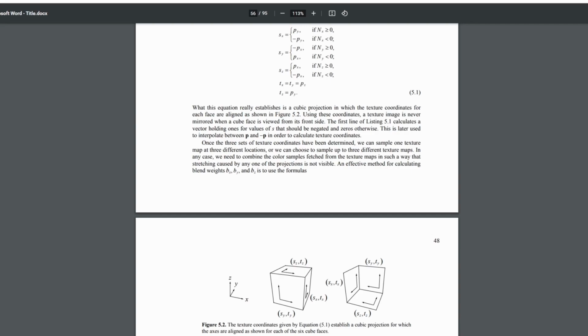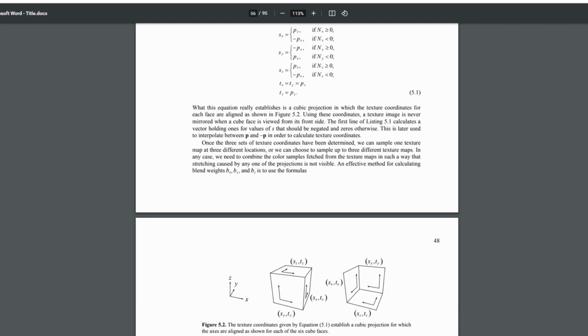One thing to note about computing these coordinates is that the axis subscript denotes the direction of the normal of that plane. So for example, here in the paper, the coordinate pair SXTX is computed by projecting the vertex onto the YZ plane, where Y and Z map to S and T. Similarly, the SYTY maps to the XZ plane, and the SZTZ maps to the XY plane.